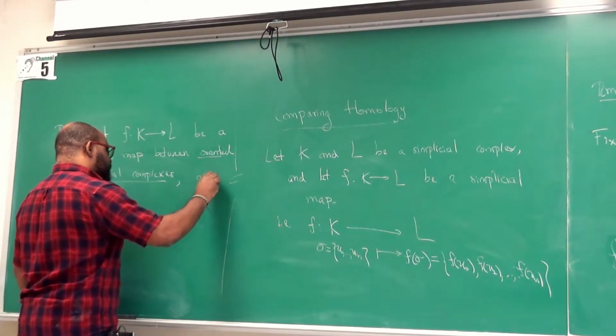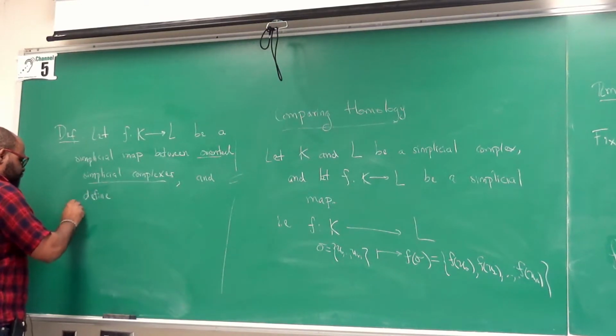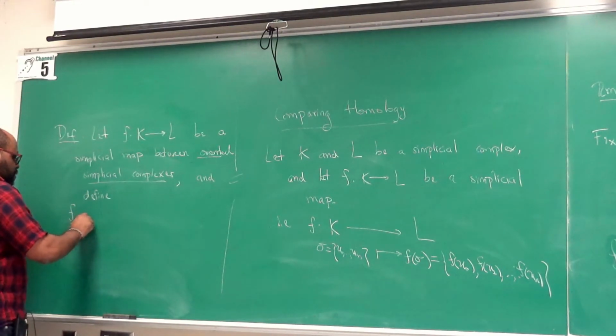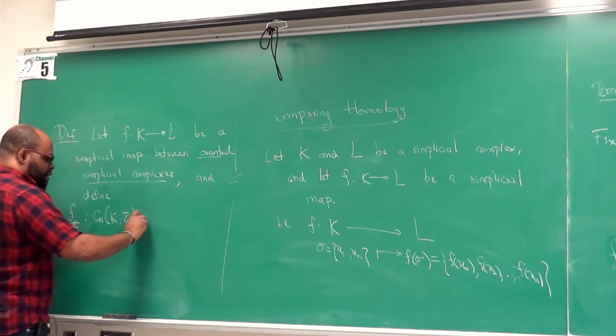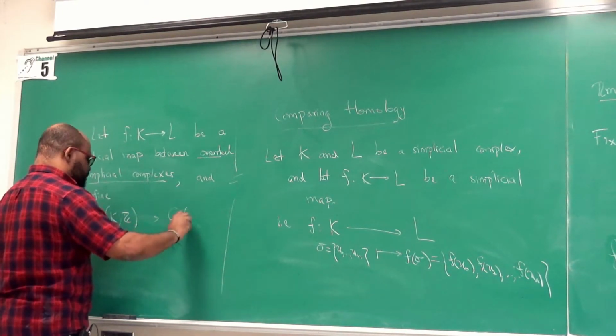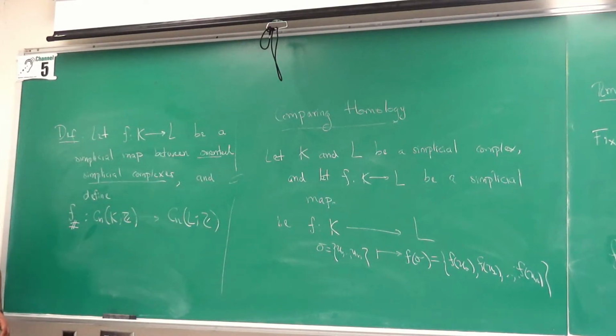And we're going to define F sharp from the n chains of K to the n chains of L. So this is called, so sharp for music, F sharp. This is going to be a linear map.